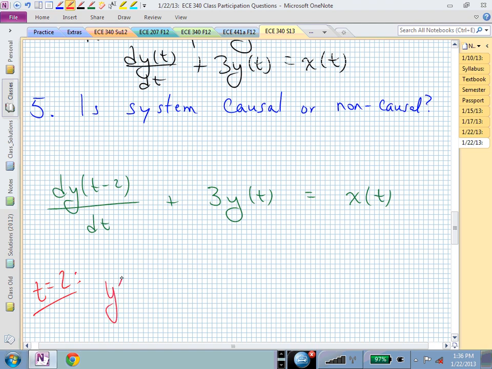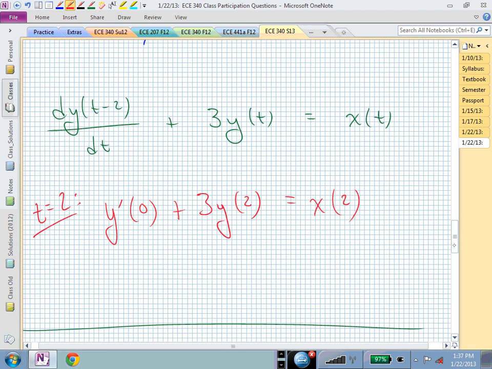Then I have y prime of 0 plus 3y of 2 is equal to x of 2. So at one instant of time, this relationship is true for this system. Does that tell us anything about this system's behavior relative to causal or not causal?